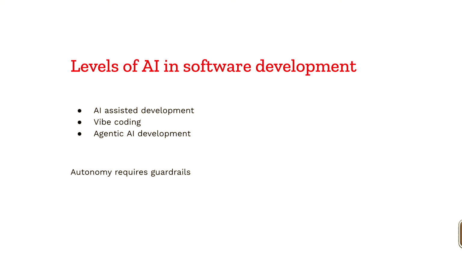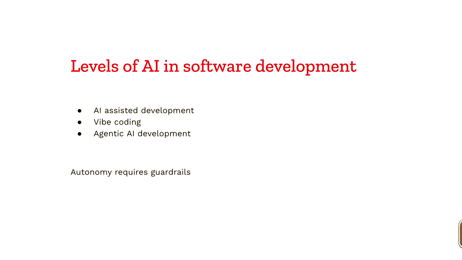Lots of you do use AI. I like to think of this in three different categories: AI assistant development, where you have an AI as your pair programmer or an assistant. Then vibe coding, where you don't look at the code at all and you just go with the vibes.